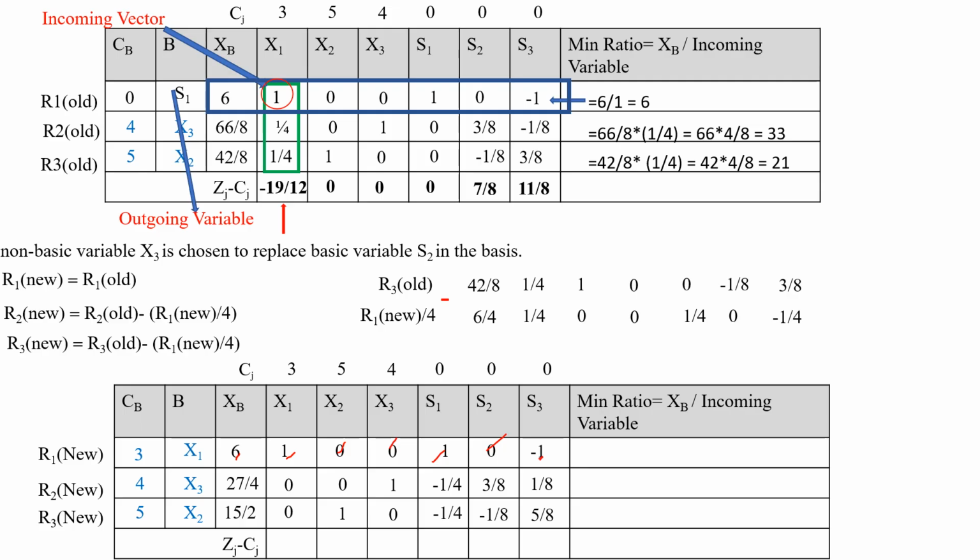So next one is 1 by 4 minus 1 by 4, 0, 1 minus 0, 1, and 0 minus 0, 0, and 0 minus 1 by 4, it is minus 1 by 4, and next one is minus 1 by 8 minus 0, it is minus 1 by 8, and next one is 3 by 8 minus half minus 1 by 4, it is 3 by 8 plus 1 by 4, which is 5 by 8.